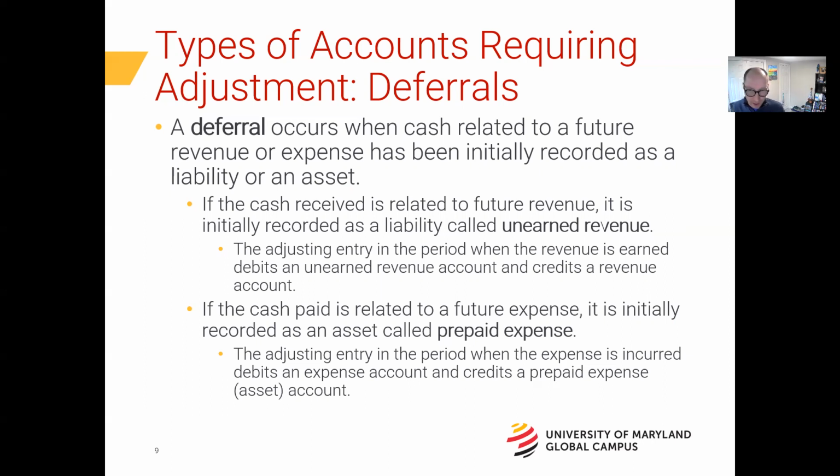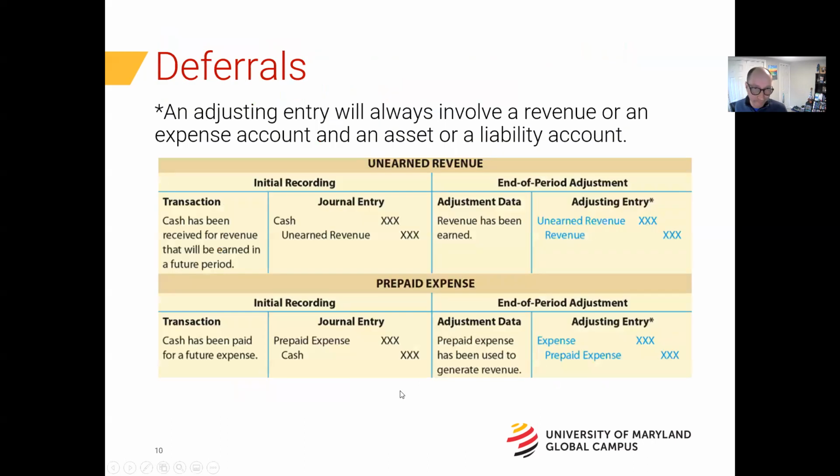Then at the end of that accounting period, when we actually incur the expense, we will debit insurance expense and credit prepaid expense. And that's what this looks like. That's exactly what we just talked about. I forgot this was on the next slide. All right.